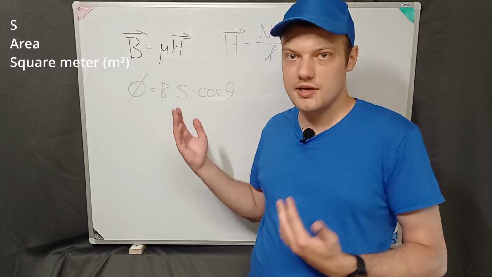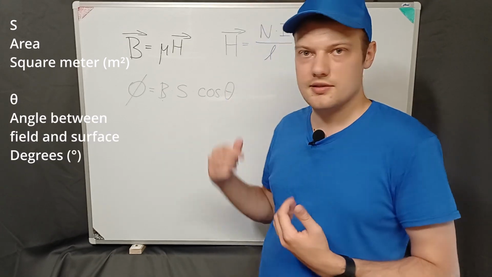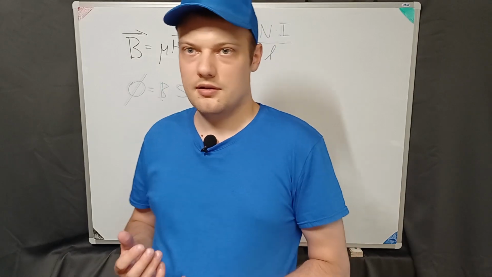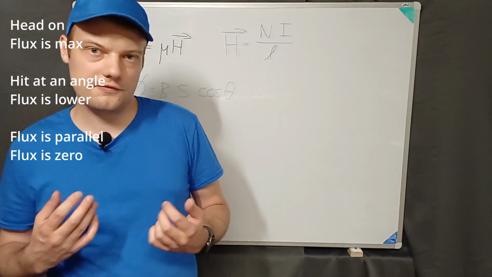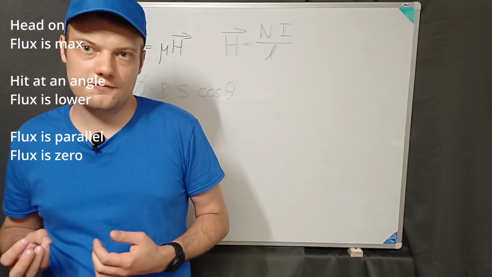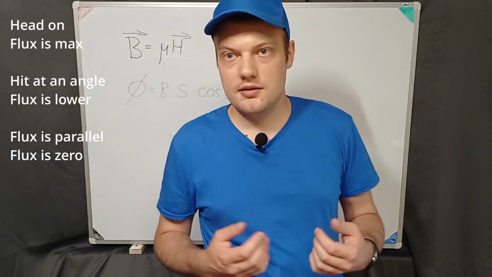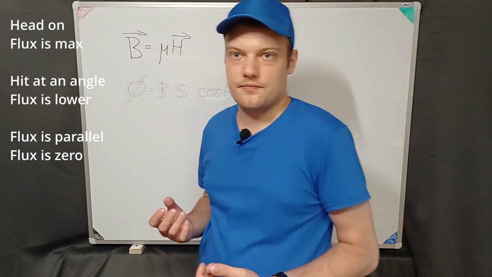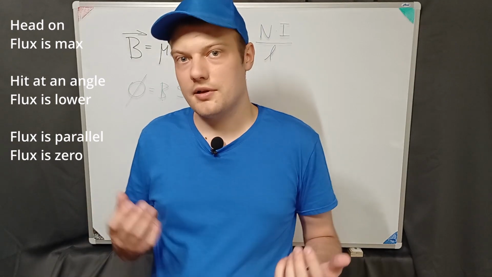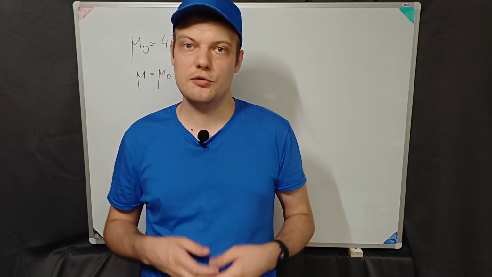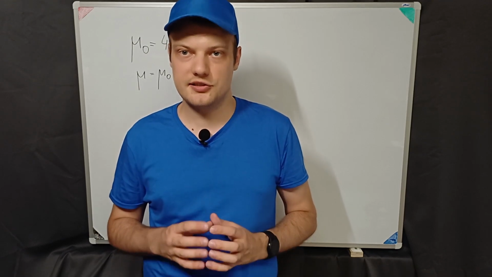S is the area and theta is the angle between the field and the surface. When the field lines hit the surface head-on, the flux is maximal, and when they hit at an angle, it's less. If they are parallel, no flux passes through. Zero.